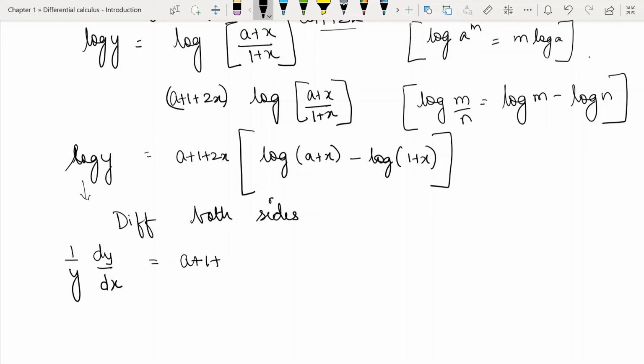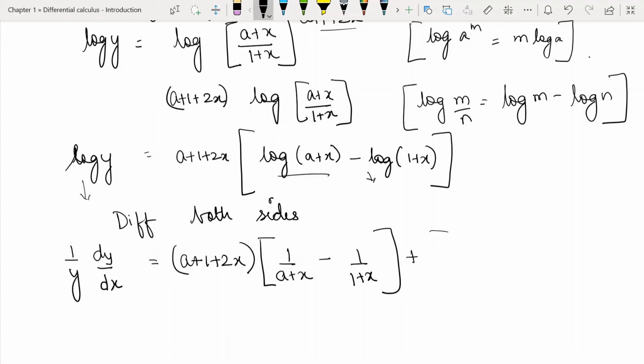So a plus 1 plus 2x, we will keep it as it is, and then we will differentiate this term, which is 1 by a plus x minus 1 by 1 plus x, close the bracket, plus this term is going to be written as it is. So take the big bracket, log of a plus x minus log of 1 plus x, multiplied by a plus 1 plus 2x, close the bracket.